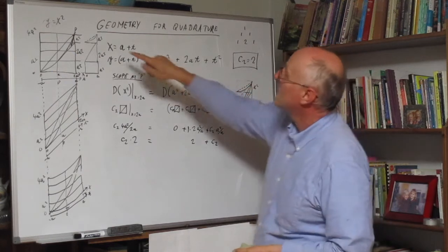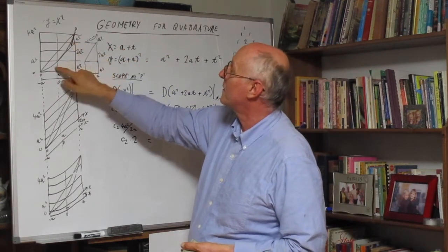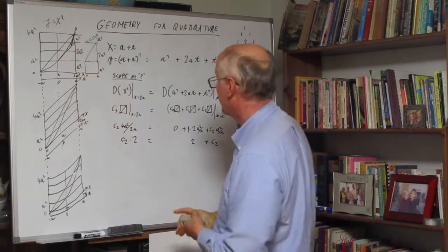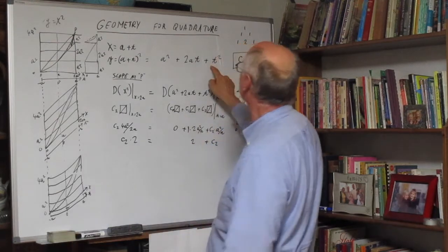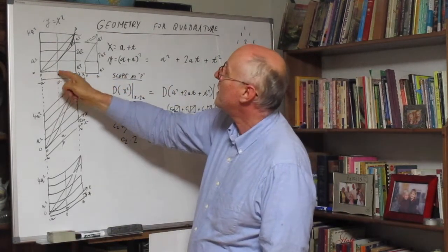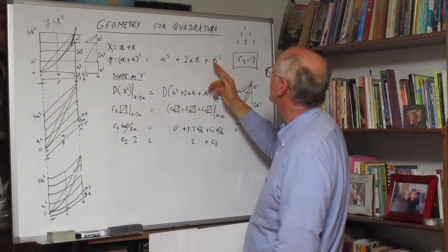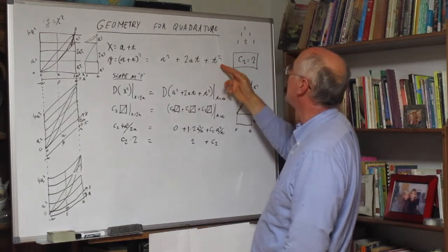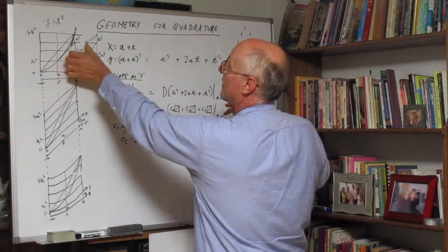So these two areas are totally equivalent. You know, and you can see that going from 0 to A on the x-axis is the same as going from 0 to A on the t-axis right here.